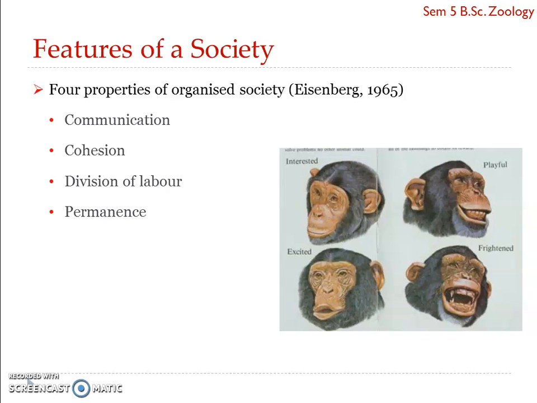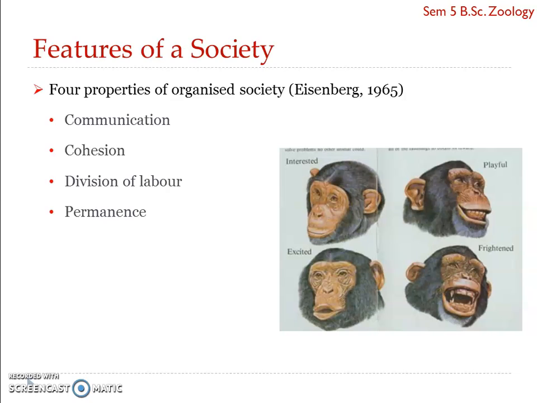The adult dominant males remain in the center, close to females, while adult subordinate males take dangerous positions at front and rear, that is, all around the group. So that kind of cohesion is found in many higher animals.